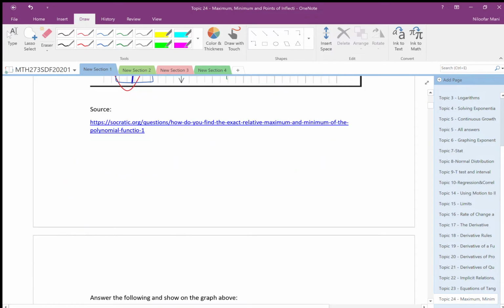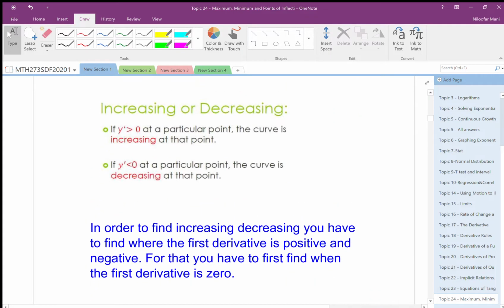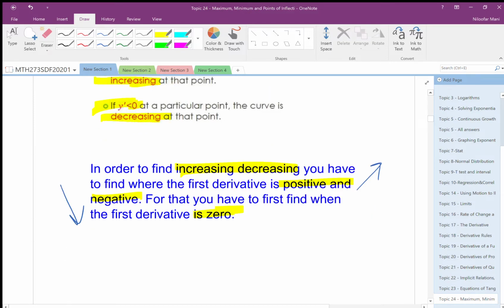So if the first derivative is positive, it's increasing from somewhere to somewhere, so it's an interval. If it's negative, it's decreasing. In order to find decreasing and increasing, I have to see where y prime is positive or negative. So first I have to find where y prime is 0. Remember, positive is increasing and negative is decreasing, and I show it this way.